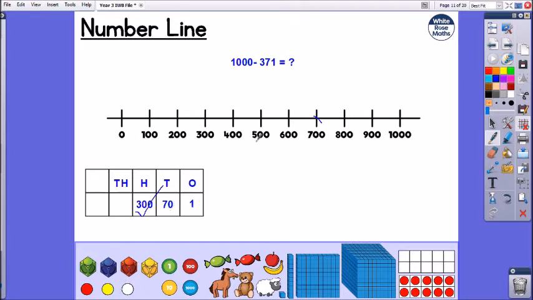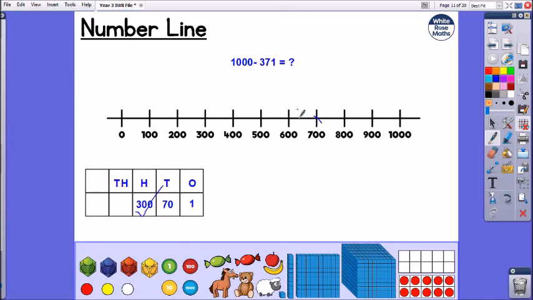This is where that important information inside comes to play. I can't see the numbers in between, but I know what numbers come between 600 and 700. We've got all of those tens in the middle. So I'm going to start by taking away that 70. 700, take away 10, is going to be 690. Take away another 10, 680.